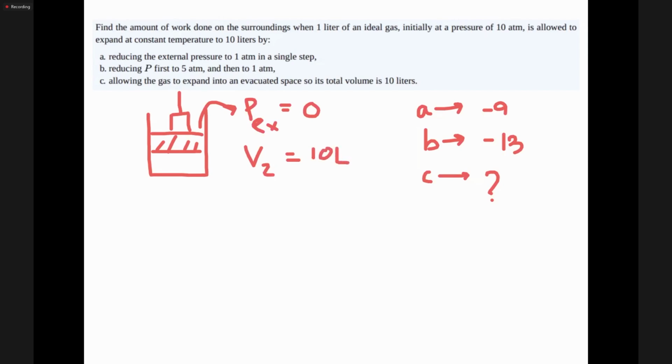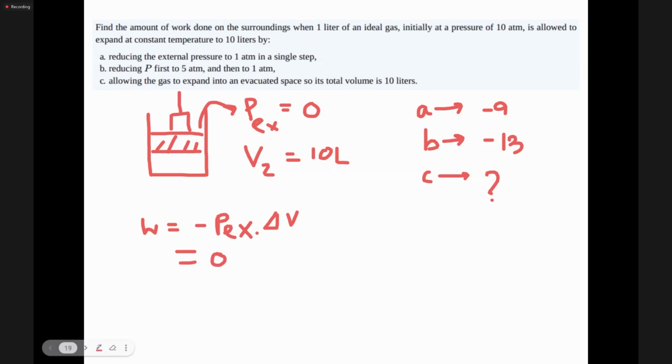Now if we come down to the equation, work done will be minus P external into delta V. So if any one of these parameters, P external and delta V, is equal to 0, we need not calculate or worry about the other term. Here also, since P external is equal to 0, W will be equal to 0.